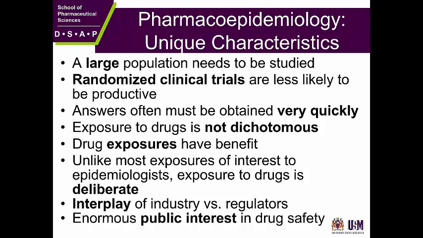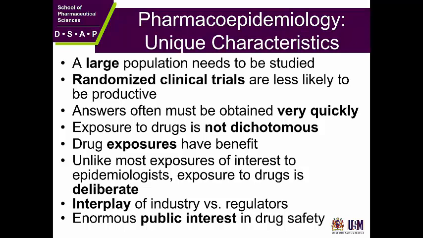Drug exposure can also have a benefit which might not be understood during the pre-marketing trials. And unlike most exposures of interest to epidemiologists, exposure to drug is deliberate. If you still remember your class in FAR391 just a few years ago, as epidemiologists we usually look at the triangle of factors: the agent, the host, and the environment.